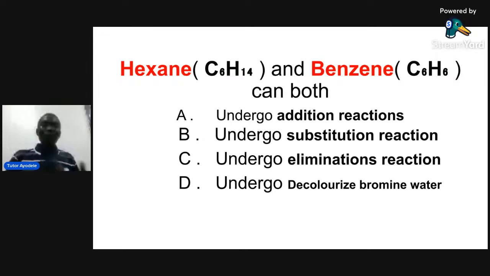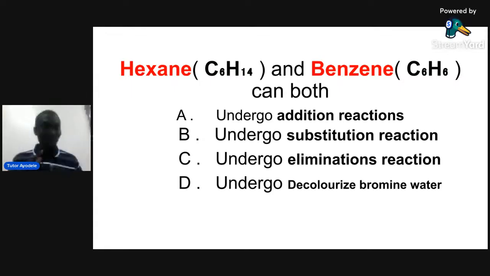Now, you see, saturated hydrocarbons, such as alkane and cycloalkanes, they undergo substitution reaction. Benzene is also unsaturated, but benzene is different. I will tell you the reason.